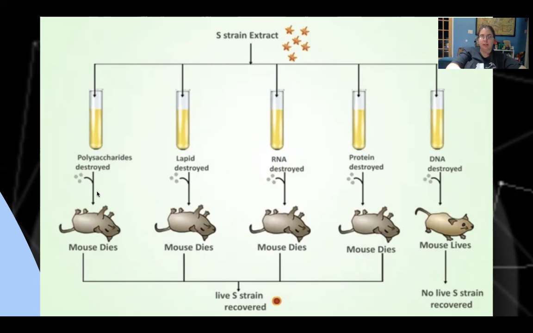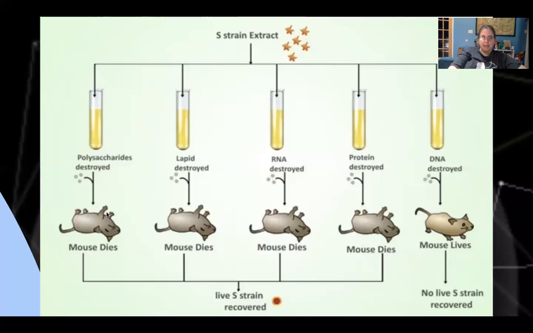These are all heat-killed at this point. They destroyed the polysaccharides found within this bacteria, injected it into the mouse, and it still died. So the heat-killed S strain, along with the rough strain, which on its own is non-virulent, still killed the mouse. But remember, Griffith said when you mix them together, it turned the rough strain into the smooth strain.